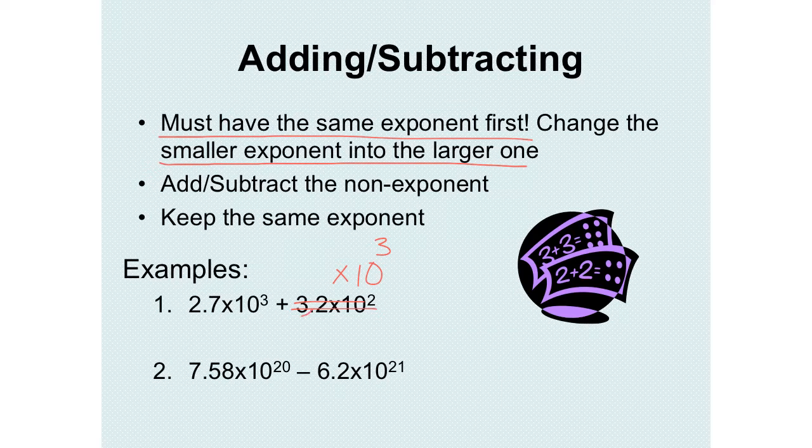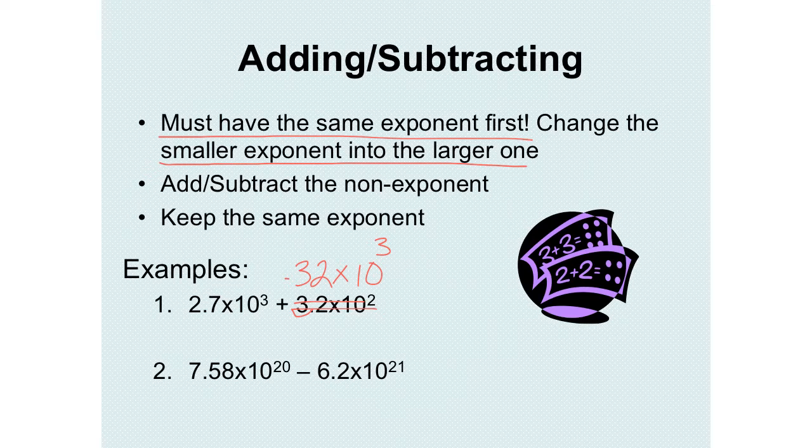So then we also have to make this smaller by a factor of 10 since I increased the exponent by 1. If you had increased the exponent by 2, you would make your coefficient smaller by 2 decimal places. So 0.32 times 10 to the third. Now I realize that that's not proper scientific notation, but it's not our final answer, so that doesn't matter. But these would be equivalent numbers.